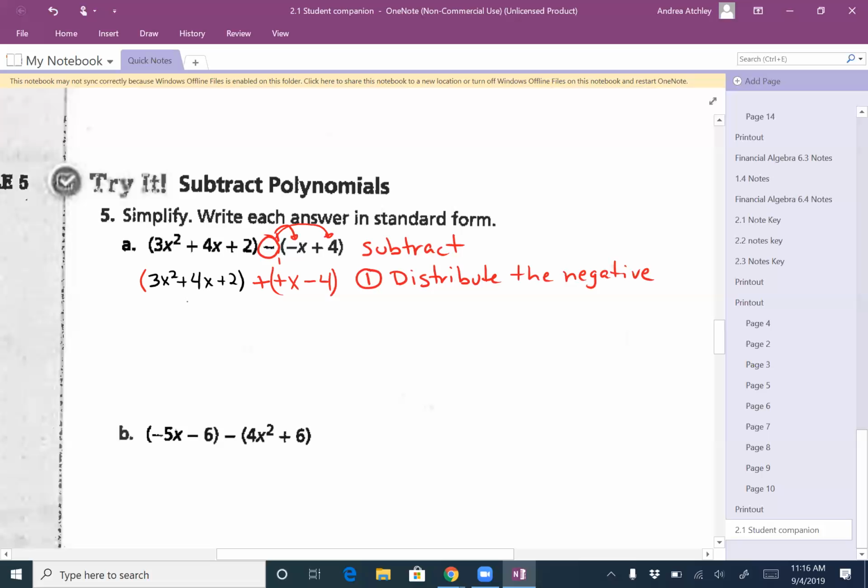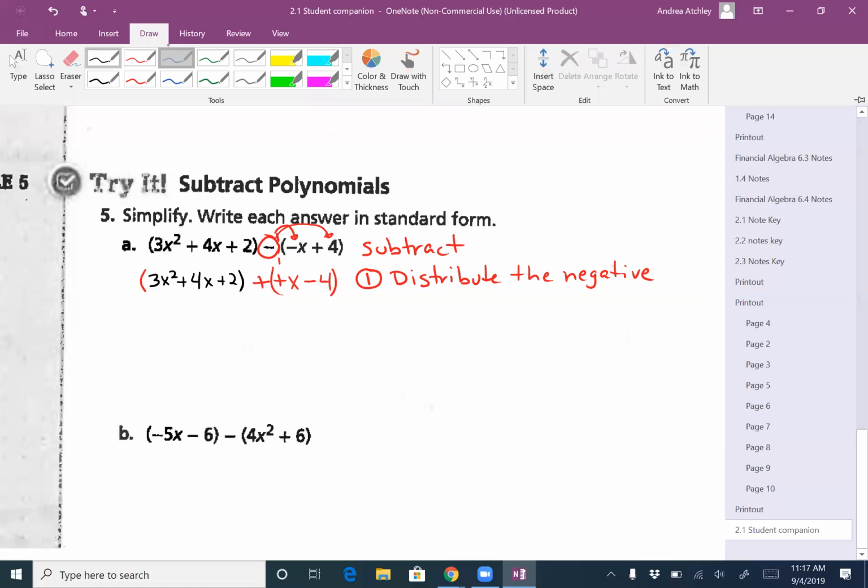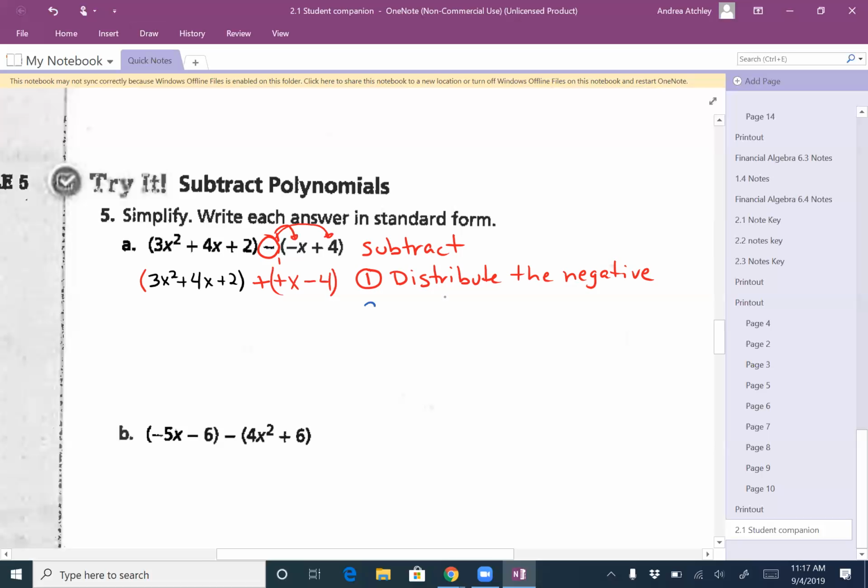So it stays 3x squared plus 4x plus 2. Now you just combine like terms. Now it's just like an addition problem, and we combine our like terms.